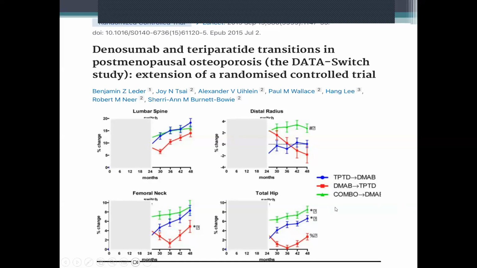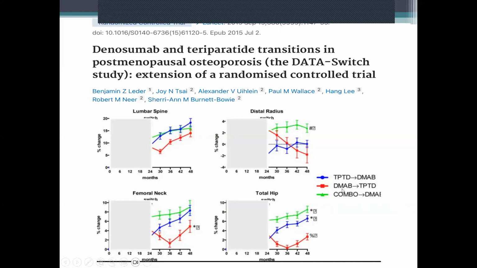And that's the same seen in combination therapy, you have BMD gains. Unfortunately, combination therapy is actually not the standard of treatment at this point in time, even though there's evidence that it improves BMD, but it's still not the standard of treatment.